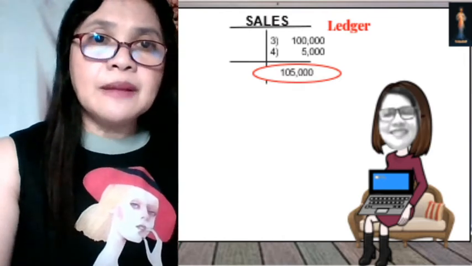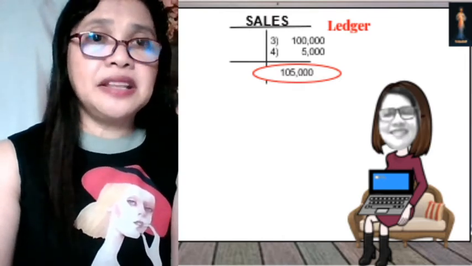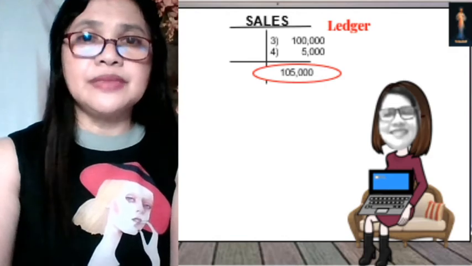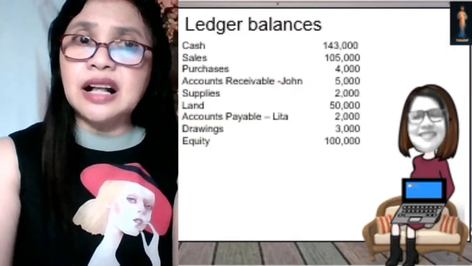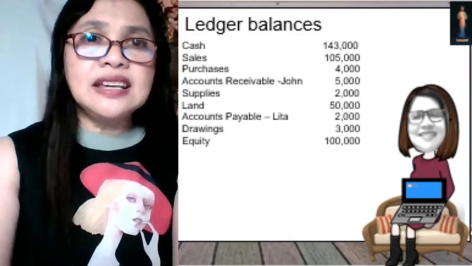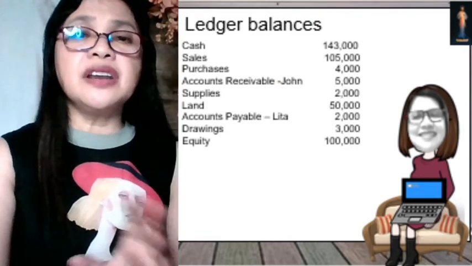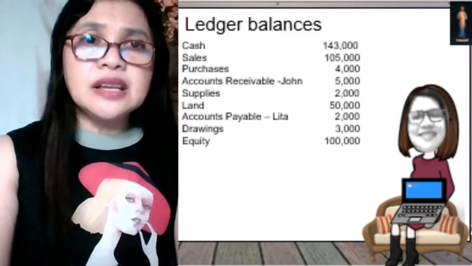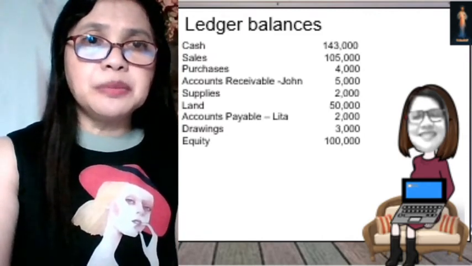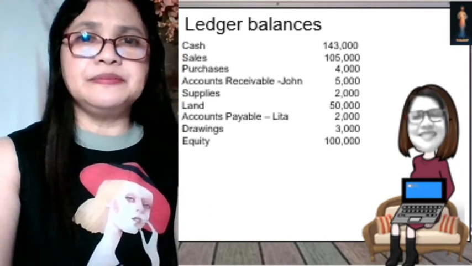So we have 105,000 credit balance of sales. Then the other accounts from purchases to equity did not move, meaning there are no changes in the accounts. So we just copied them, the purchases, accounts receivable, up to the equity.